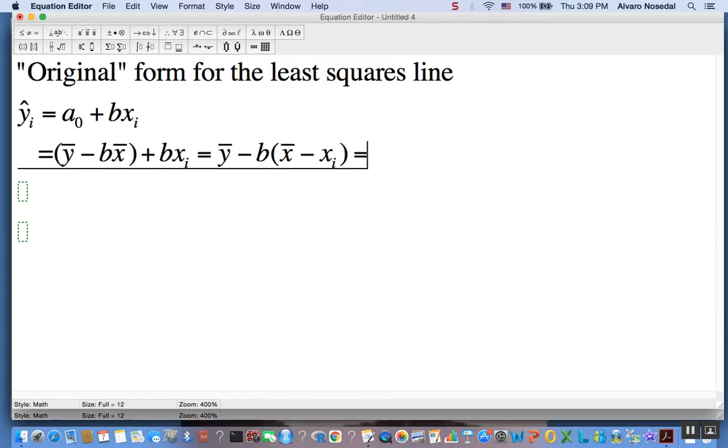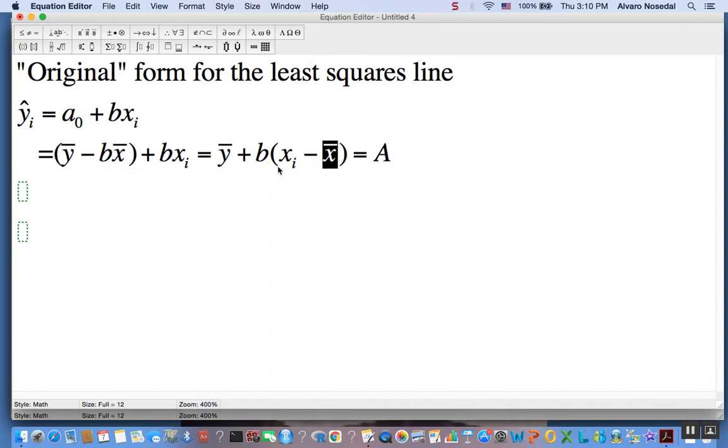So guess what? This is the same as uppercase A, right? Oh, and it would be better if we factor out, instead of negative b, let me factor out b, because in that case I'm going to have this exactly the way I want it.